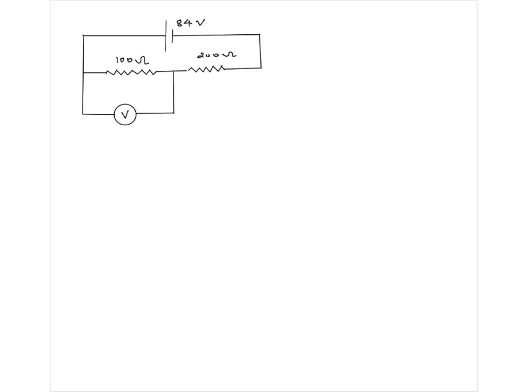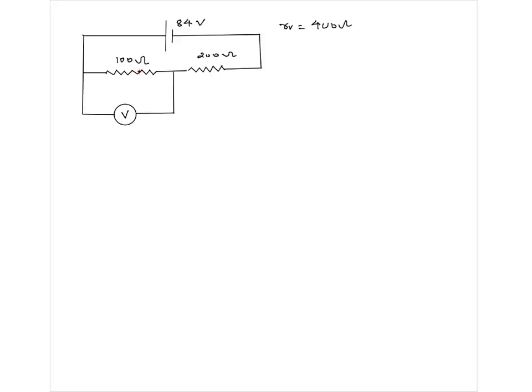Voltmeter has a resistance of 400 ohms, and look at these resistances, 100 ohm, 200 ohm. Comparable resistances should not be there. 100 ohm versus 400 ohm. 400 ohm is not too big for 100 ohm.